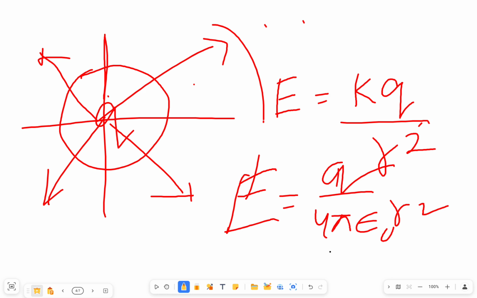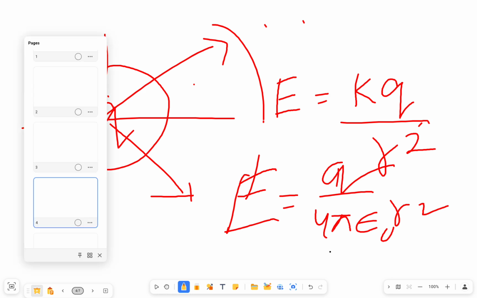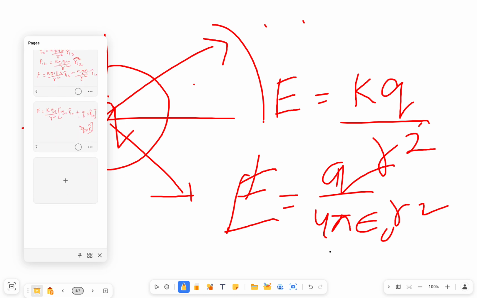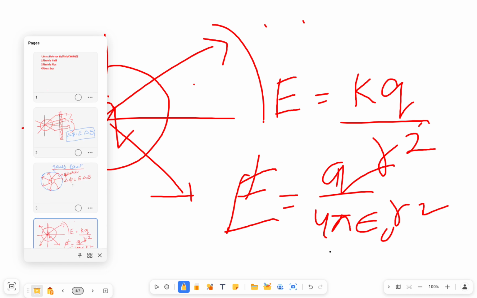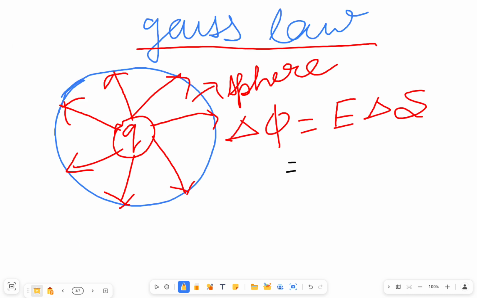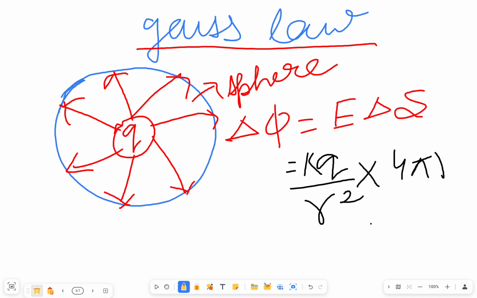Using this formula, electric field is kq by r square, and del s, here we can consider the surface area of the sphere, and the surface area of the sphere is 4 pi r square.